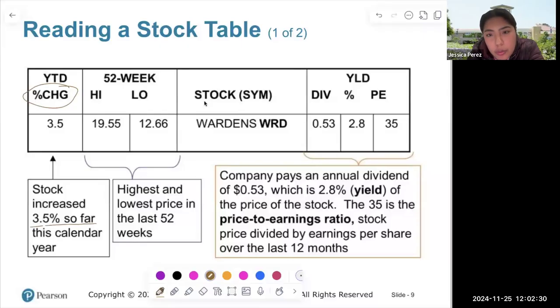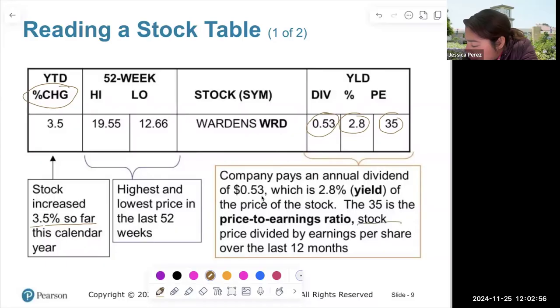Then the stock name, which is the company. This is how much you're being paid: there's your annual dividend, 0.53 is the amount in cents, and next to it is the percentage. And the 35 is the price to earnings ratio.